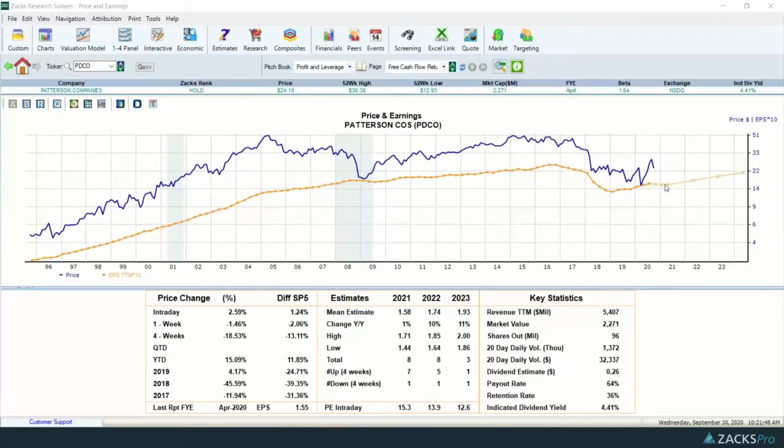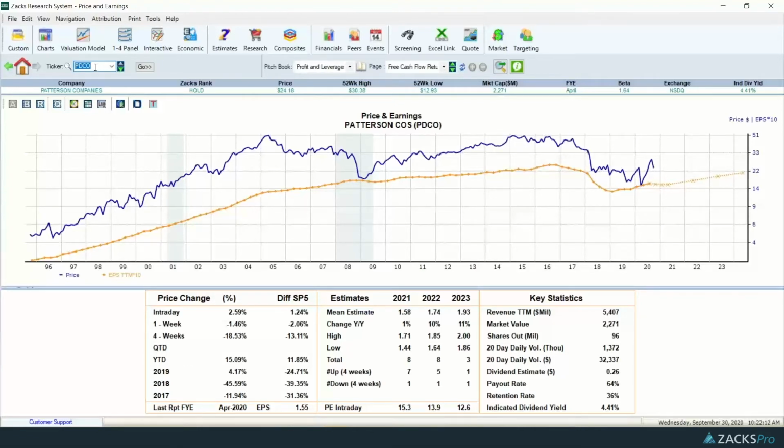And it just doesn't look like it's going to come back anytime soon. I know that the FY2 and 3 growth rates are back to 10, 11%, but there's just been too much damage done for them to stay in the earning certain portfolio. So I removed Patterson actually in March of this past year, similar to Dentsply.